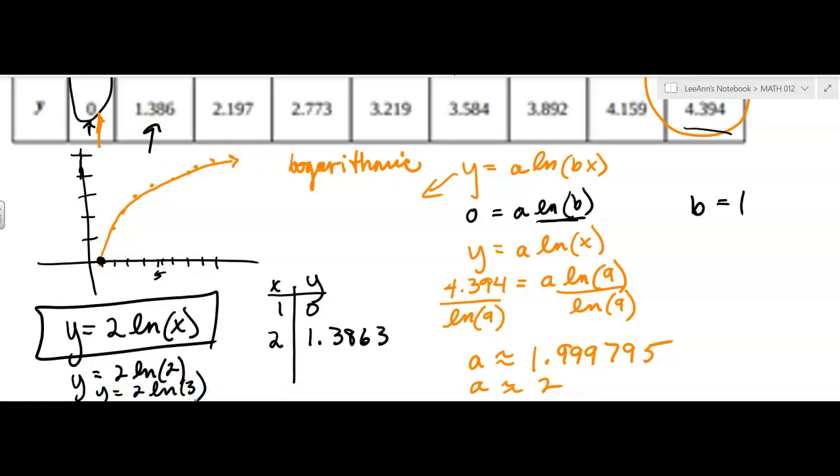So let's try that. When I plug in 3, I'm getting 2.1972. Is that close to what I had? Yeah, it's close to what I had. And you could do that for all the points. It's not going to line up exactly, but it fits close. We're going to say that's a pretty good model.